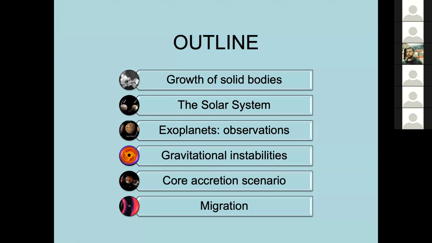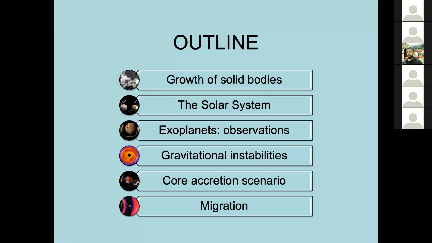So the outline today: we will talk a little bit about the growth of solid bodies and the main problems related to that, a mention of our solar system and what we know about its formation so far. Exoplanets, so a little bit about the observations, and then we will talk about their formation, because this lecture is mostly about planet formation.